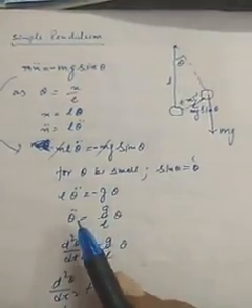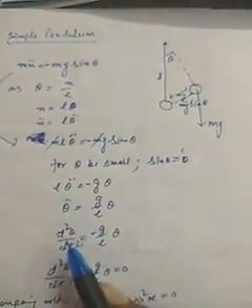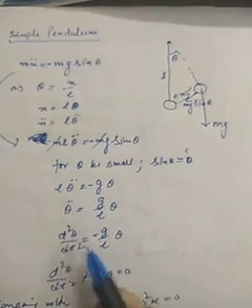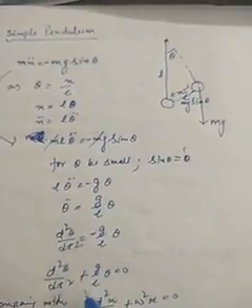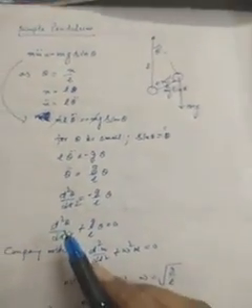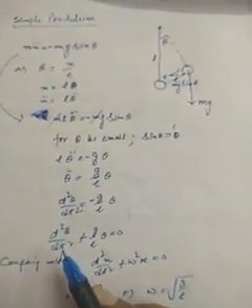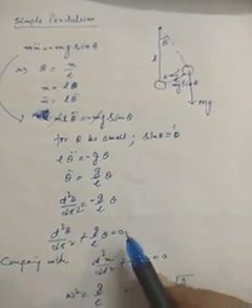Now theta double dot equals, taking this l to the denominator, g upon l, theta double dot, the double time derivative of theta, equals minus g upon l theta. Take this term to the left hand side: d square theta over dt square plus g upon l theta equals 0.